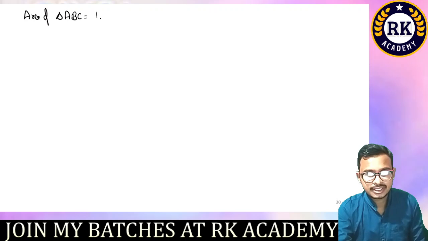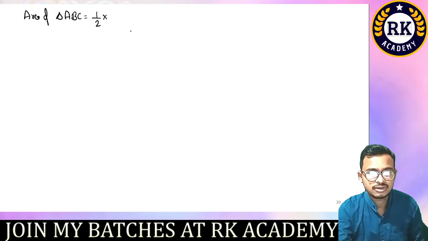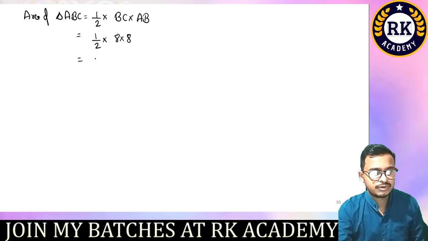So it's a right angle triangle. So half into base, what will we take? Base, we take AB. So base BC and height, half into 8 into 8. So it will be 2 4s are 8, 4 8s are 32 centimeter square.